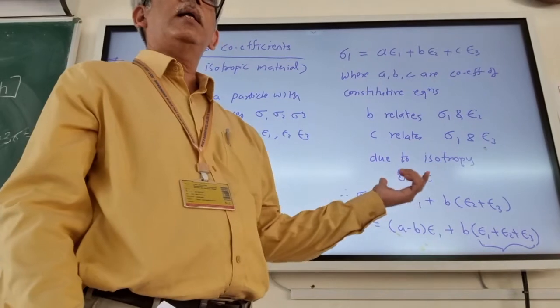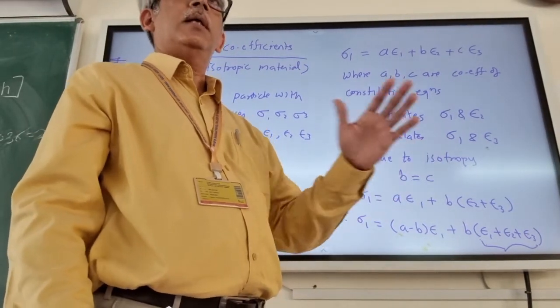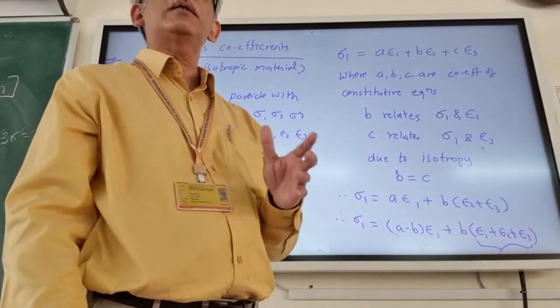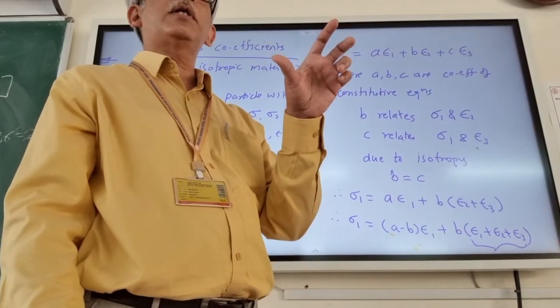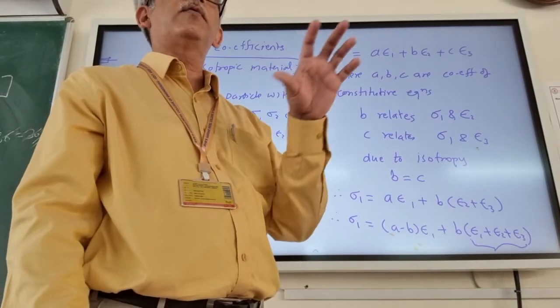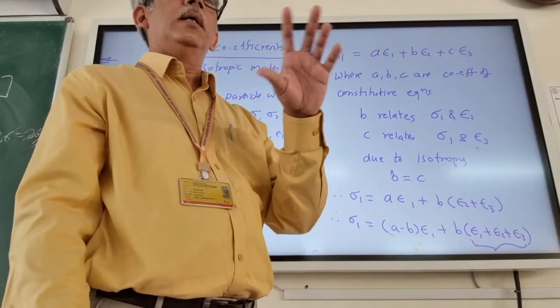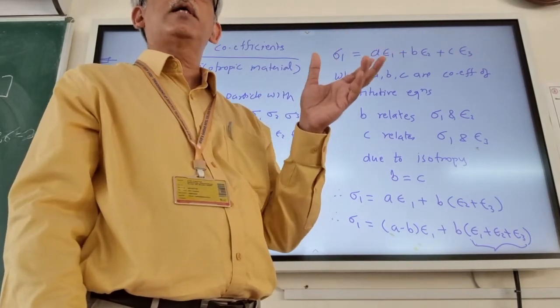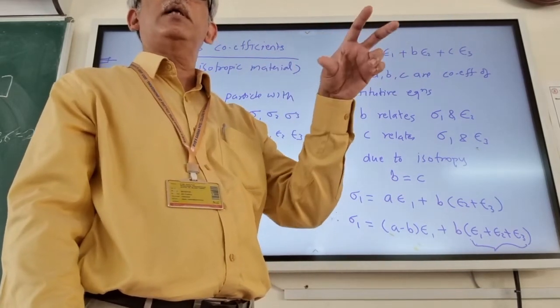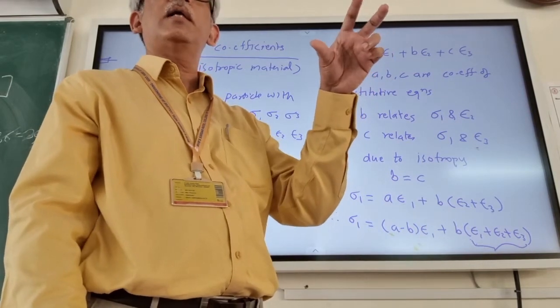Now volumetric strain has got some importance in some aspects of solid mechanics, where we are trying to develop failure theories. One of the commonly used failure theories is the von Mises theory of failure, which is also known as the distortion energy theory.